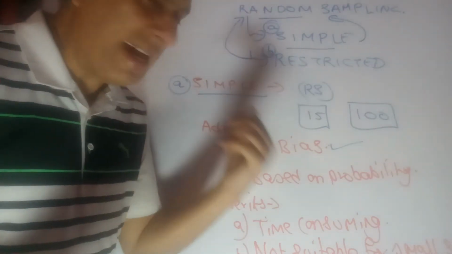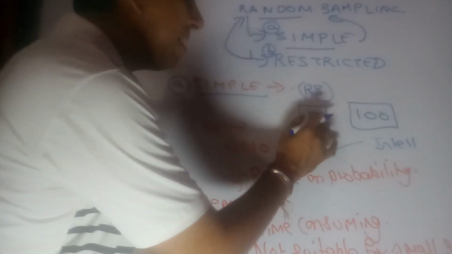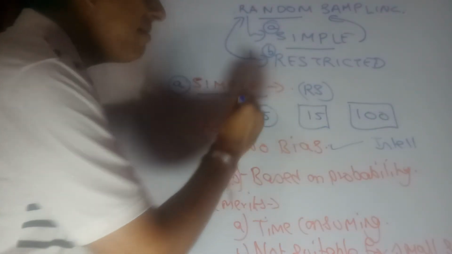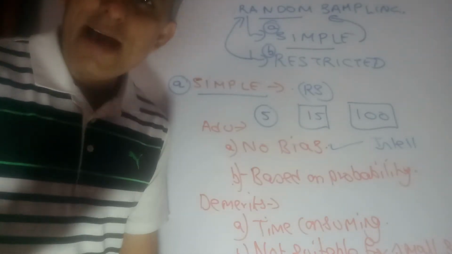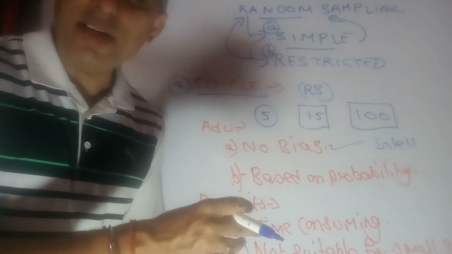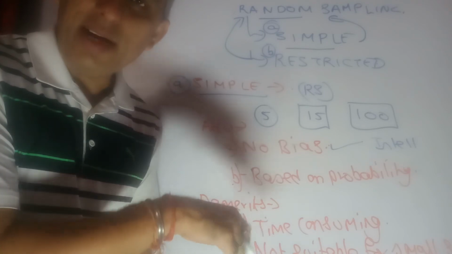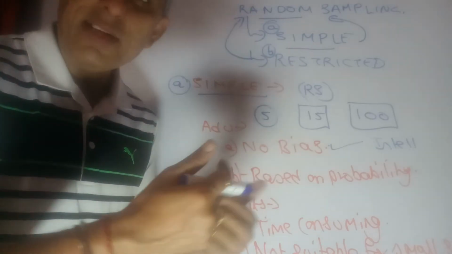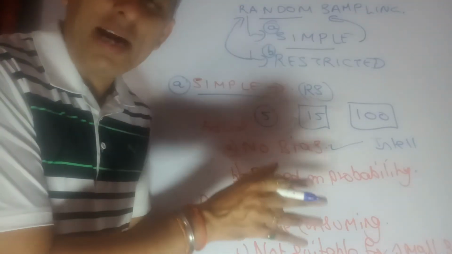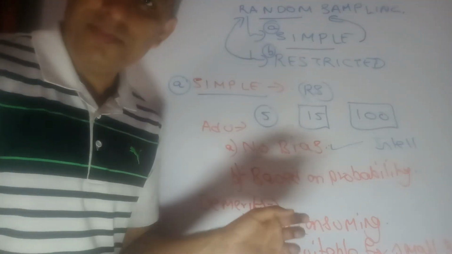Supposing we are trying to find out the general intelligence of the kids and we pick a very small sample of 5 students, it may happen that all the intelligent ones or the majority of the intelligent ones will come, and the students who are not that meritorious may not be part of such a sample at all, right?